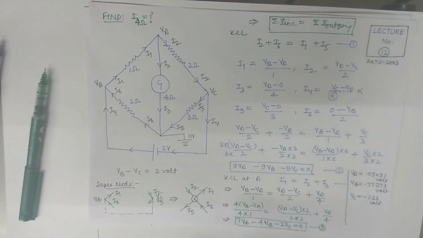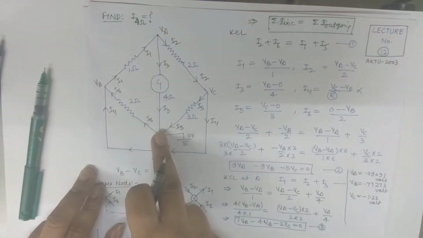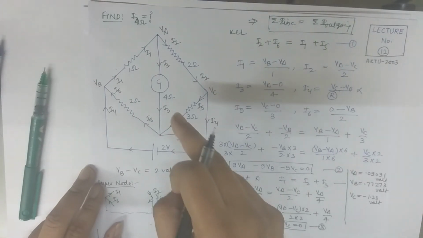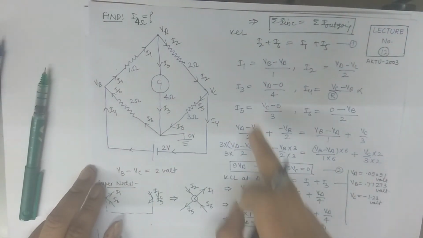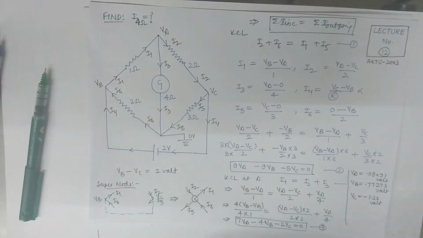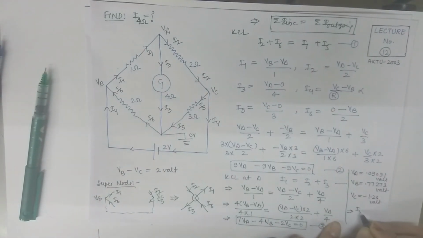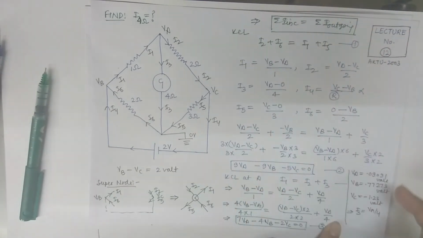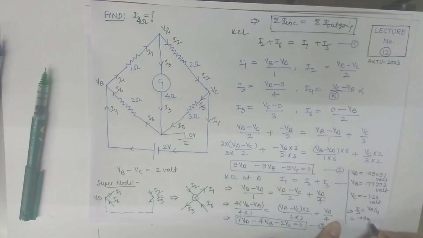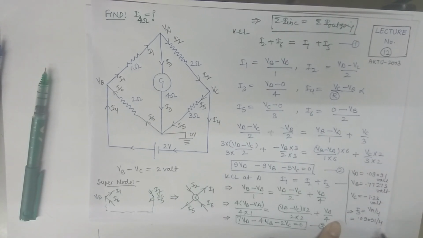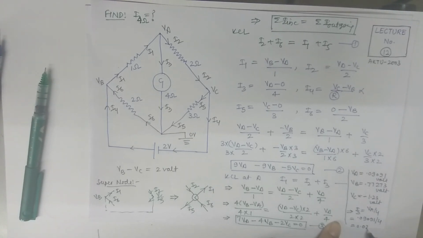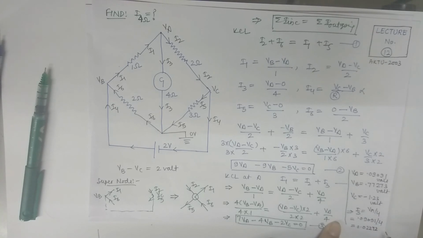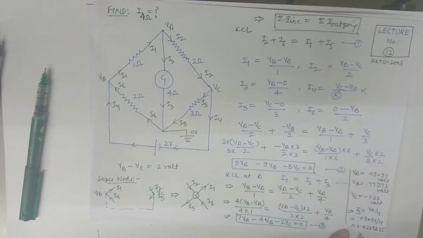Now we find the current in this galvanometer, meaning I3 passing through this 4 ohm. So I3 is VA upon 4. Putting in the value of VA, 0.09091 divided by 4, it comes to 0.0227275 ampere.